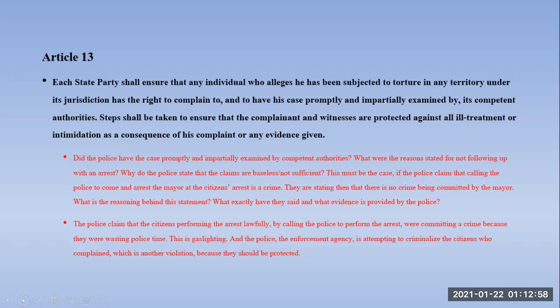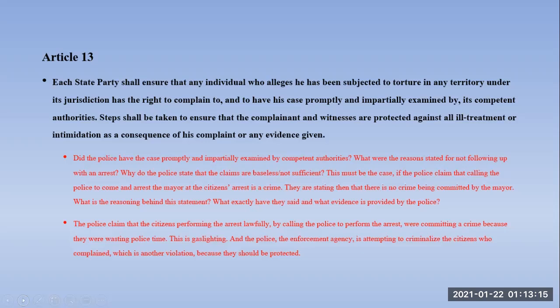What were the reasons stated for not following up with an arrest? Why do the police state that the claims are baseless and not sufficient? This must be the case if the police claim that calling the police to come and arrest the mayor in a citizen's arrest is a crime.